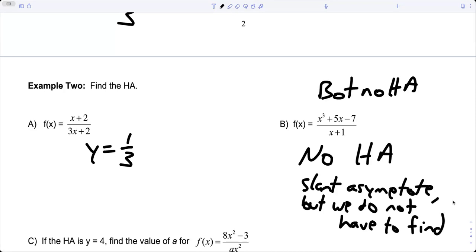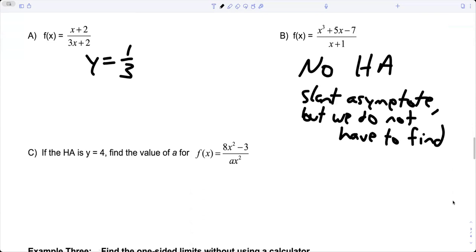Okay, and so part C says if the horizontal asymptote is y equals 4, find the value of a for which f of x equals 8x squared minus 3 over ax squared.